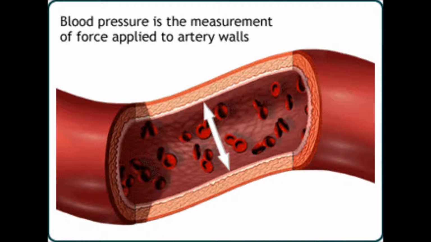Blood pressure is the force exerted by the blood against the blood vessel wall. In the case of arterial blood pressure, it's the force applied by the blood to the arterial walls. Systolic and diastolic blood pressure refers to the highest pressure occurring during systole and the lowest pressure during diastole, respectively.